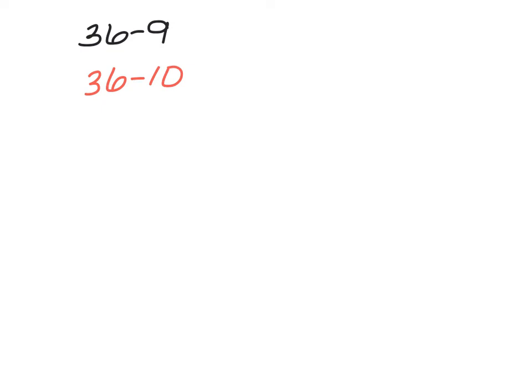36 minus 10 equals 26. But we minus 10 instead of 9. So then what we have to do is we have to add 1. So 26 plus 1. So you might be wondering, why do we have to plus 1 now? Well, we got 26.